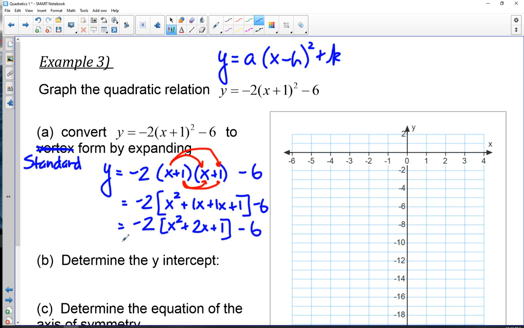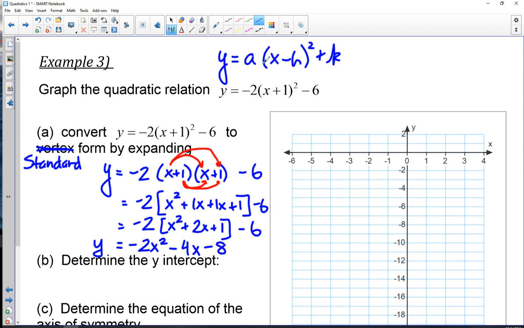Okay, when we distribute and collect like terms, we will end up getting negative 2x squared minus 4x, negative 2, and then negative 2 minus 6 will give us negative 8. So I'm distributing that negative 2 inside that trinomial that's within the square brackets, and then collecting like terms.